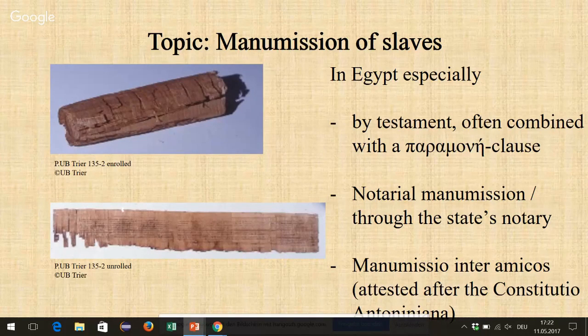You can release a slave, for example, by a testament, often combined with a paramone clause, which binds the freed slave to the heirs to perform certain duties for them. You can release a slave by a notary document. The slave will be pronounced free through a herald. You can release a slave by manumission inter amicos, an informal form of manumission, maybe in front of witnesses, and so on.